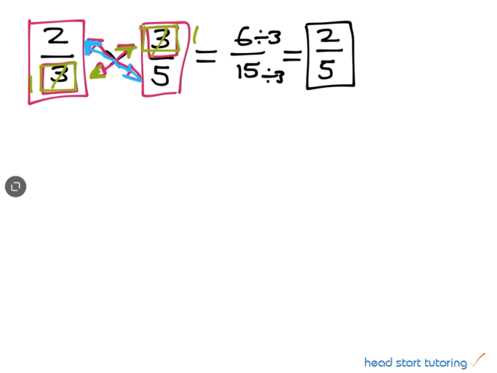So we see if there's a common factor between 2 and 5. And there isn't. There's no common factor between 2 and 5, so we just leave those the same. Right, so we end up with 2 multiplied by 1, which we can see is equal to 2. And 1 multiplied by 5 is equal to 5. So as you can see, you end up with the same answer, 2 over 5.